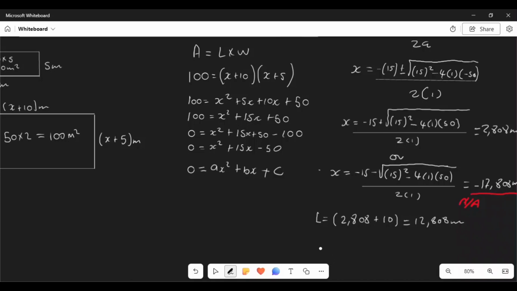Remember, they want us to get the length after the area is doubled. So this is the length here, and then for the width is x plus 5. So these are the final answers, guys, the width and the length when the area is doubled.